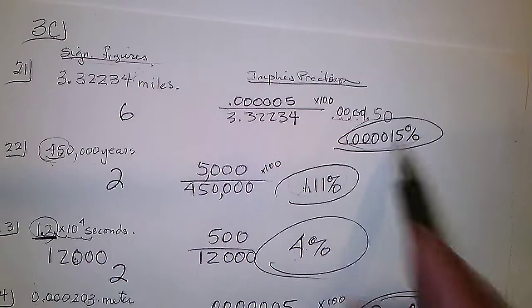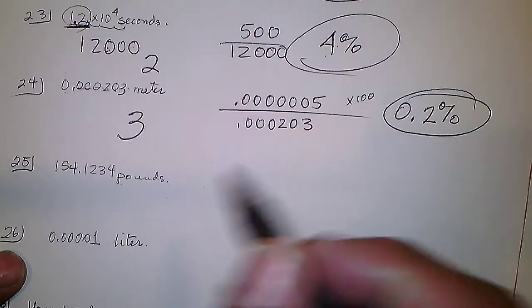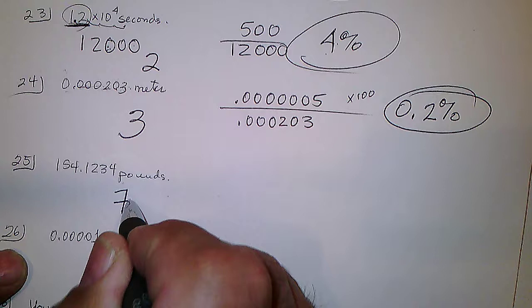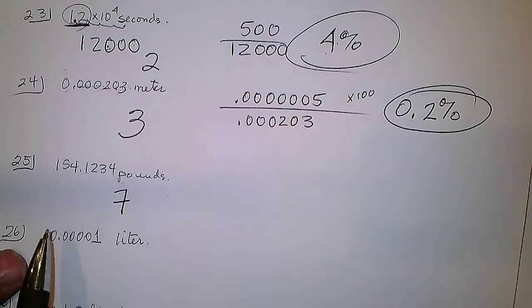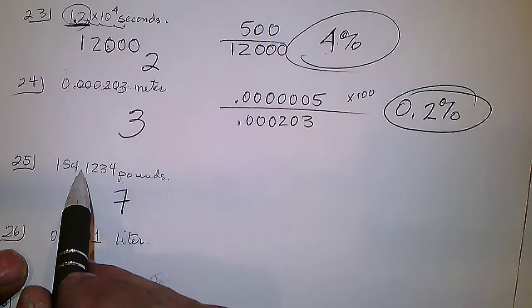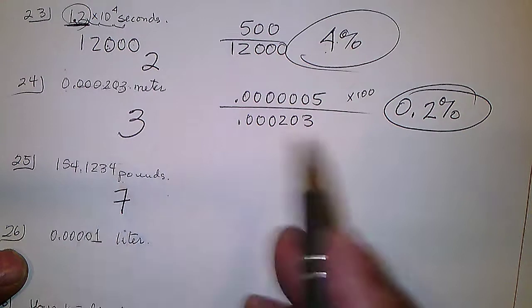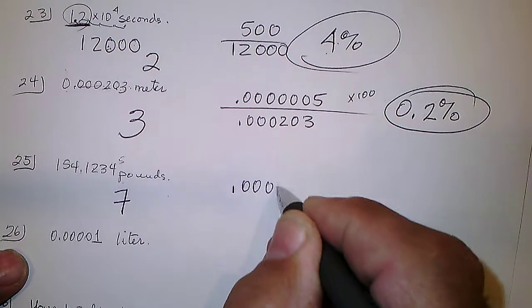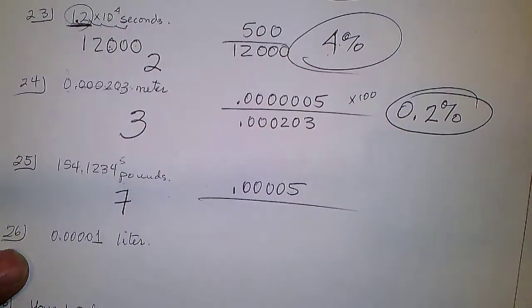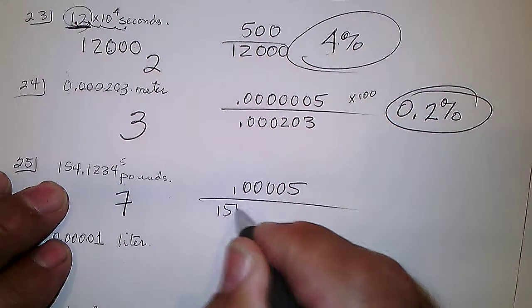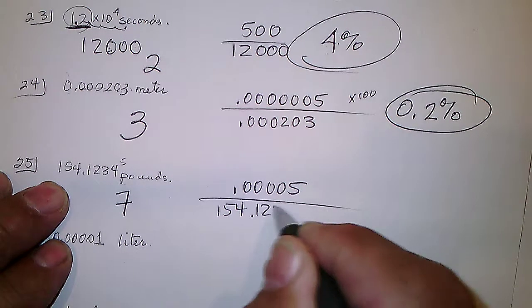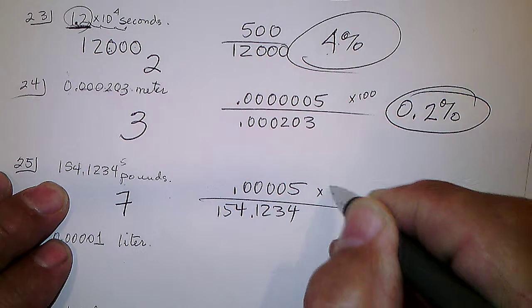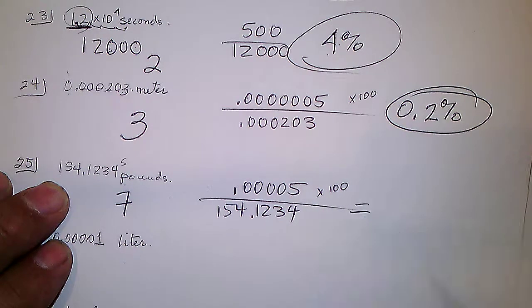Should be less error than that. Let's see. So we got 7 significant figures. There's no zeros to be pushers, so we just got, in the last bit, 0, 0, 0, 0, 5 in that spot. 0.00005 divided by 154.1234 times 100. What's our percentage?